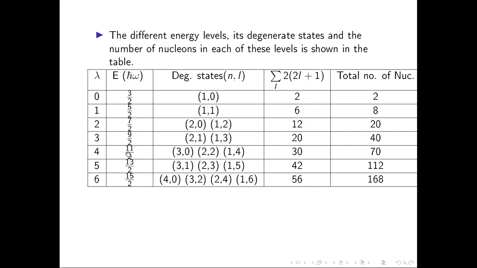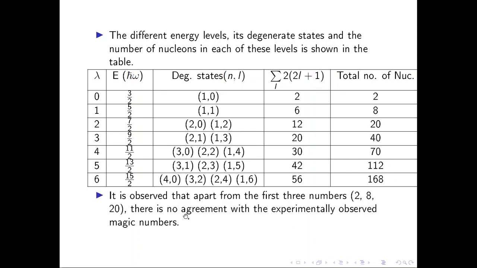For lambda equal to 4, we have 3 combinations of n and l. The number of nucleons in this level is 30, the total is 70, and you can work it out. So it is observed that with the spherical harmonic oscillator potential, apart from the first 3 numbers 2, 8 and 20, there is no agreement with the experimentally observed magic numbers.